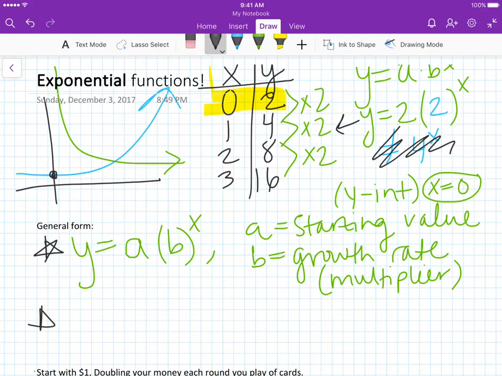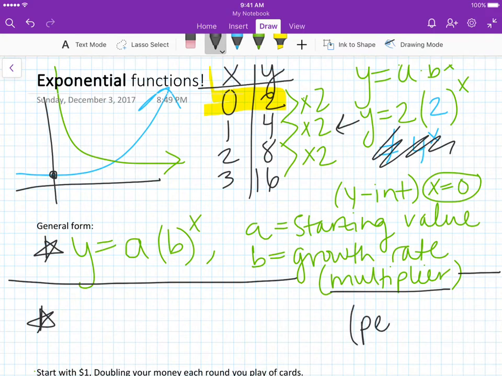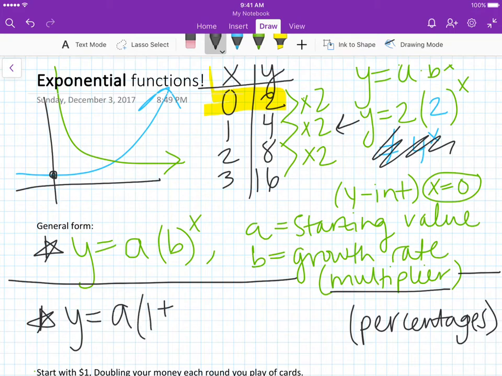The other form, however, that we learned when we were freshmen was when we used percentages. So when the rate wasn't an even number, or we didn't have a perfect multiplier, we have this other form. It's when we use percentages as growth. This is the form that we use: y equals still a times 1 plus or minus r to the t or x.